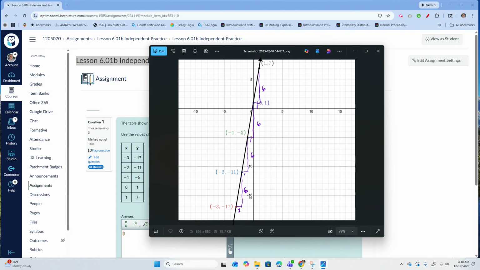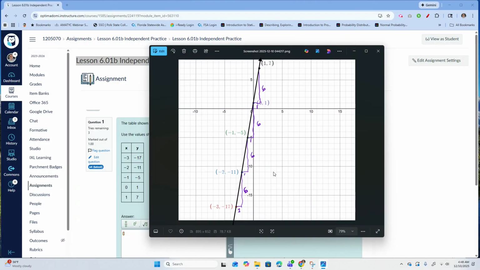I counted 6. And the run of the step is 1. Once you have the rise and the run, the slope is a fraction with rise on the top, run on the bottom. So your answer will be 6 over 1. When you simplify, it gives you 6. That will be the answer.